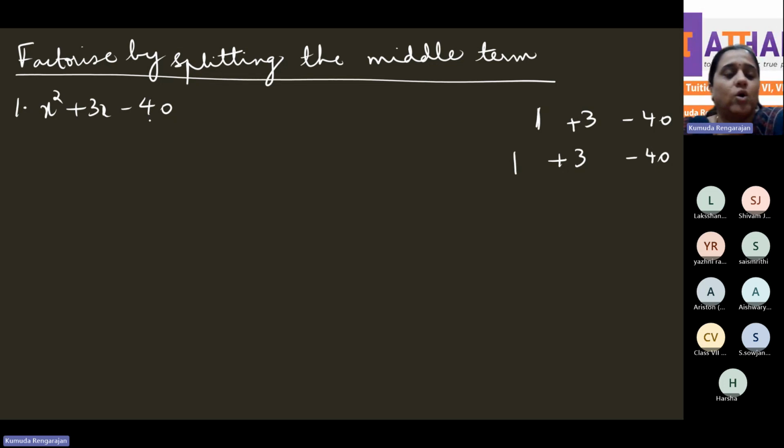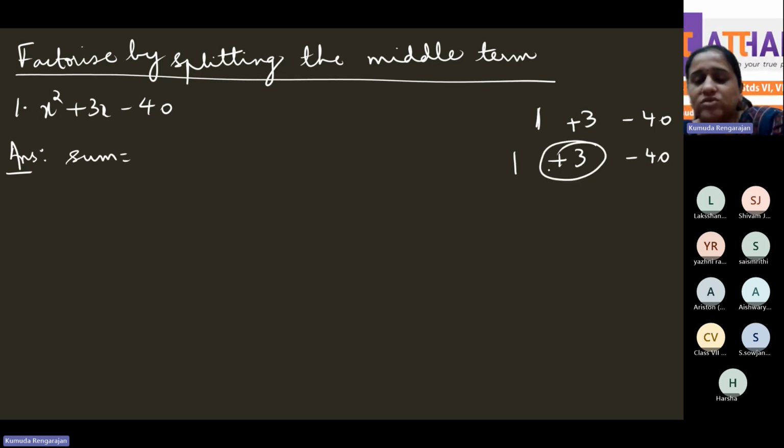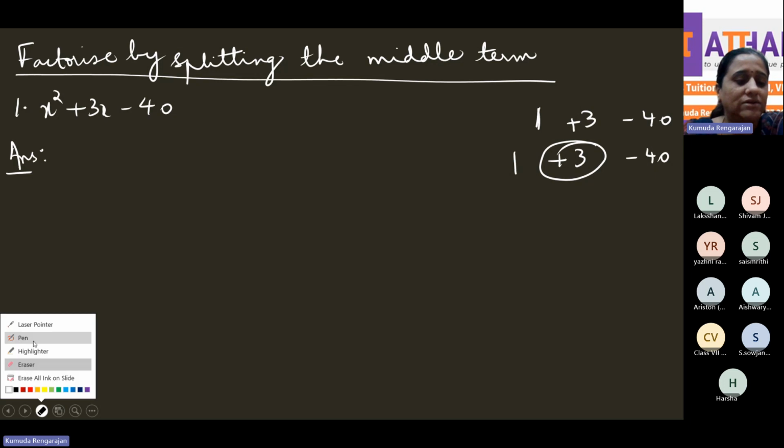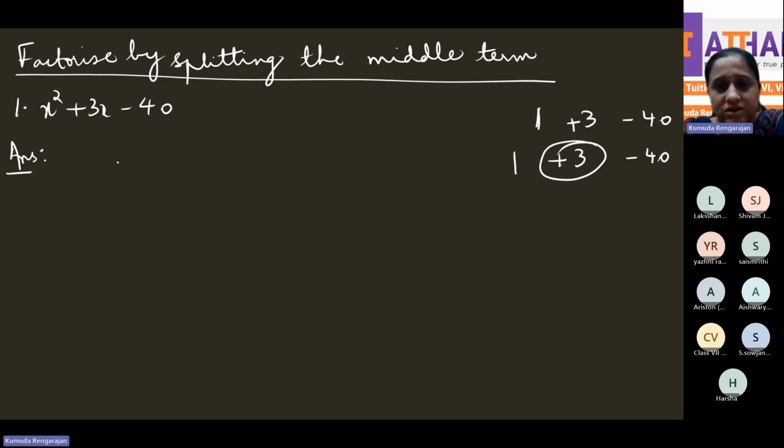Now you have to write something called the sum and the product. What is the sum? This middle value, the coefficient of x. Sum is the coefficient of x. You don't have to write this for every answer, but since this is the first one, I'm writing the description.